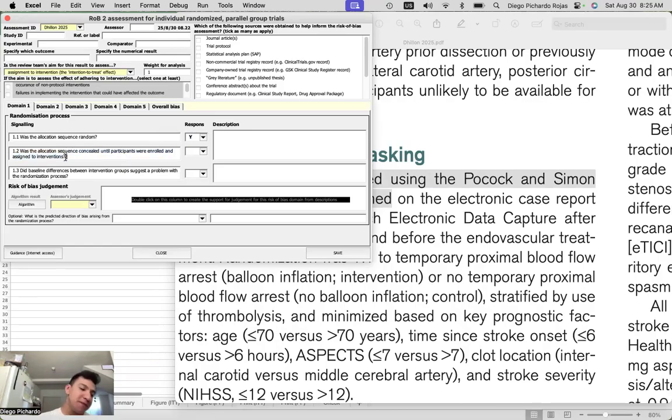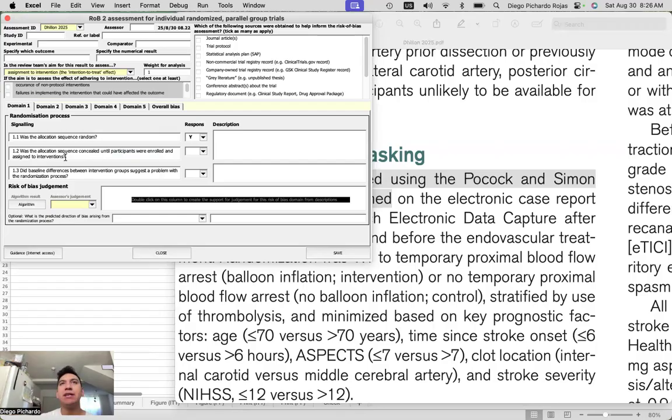As an example, imagine that you get a patient and you put them into the randomization software, and it says you got selected for the balloon guided catheter group, and then we tell the patient, hey, you're going to be in the balloon guided catheter group. That is not ideal.